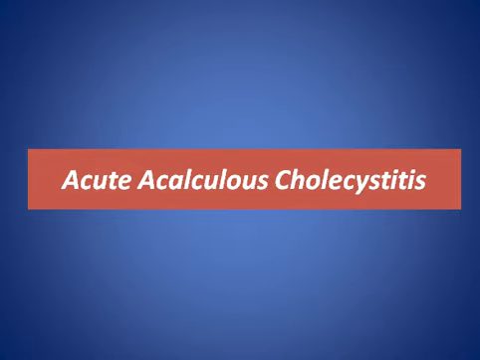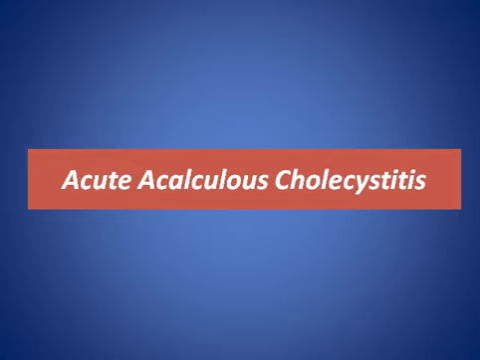What are the predisposing factors for acalculous cholecystitis? They include diabetes, malignancy, burn injury, recent surgery or trauma, cardiac disease, positive pressure ventilation, and total parenteral nutrition. What is the clinical presentation?